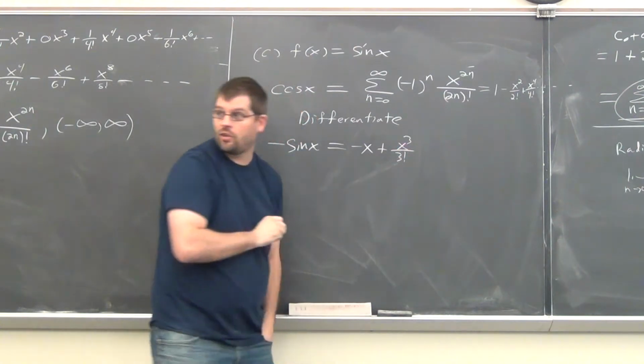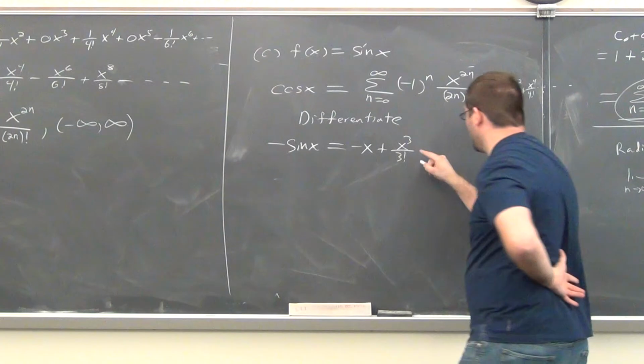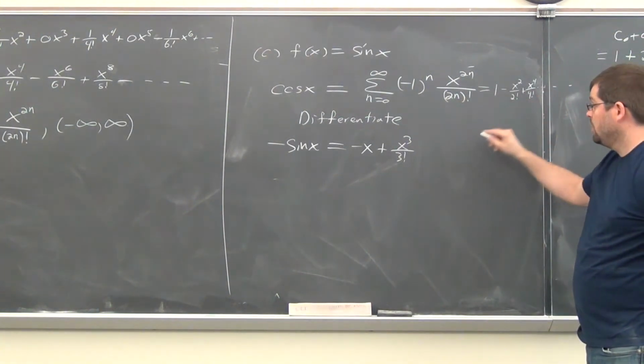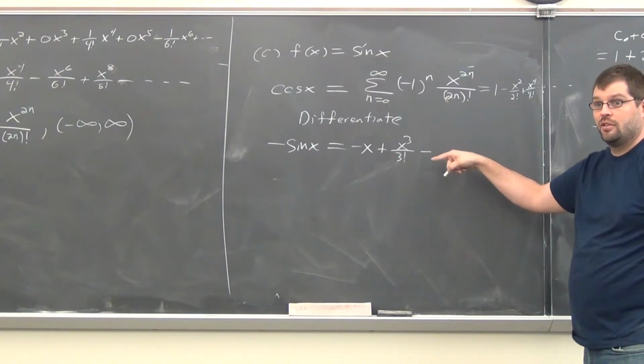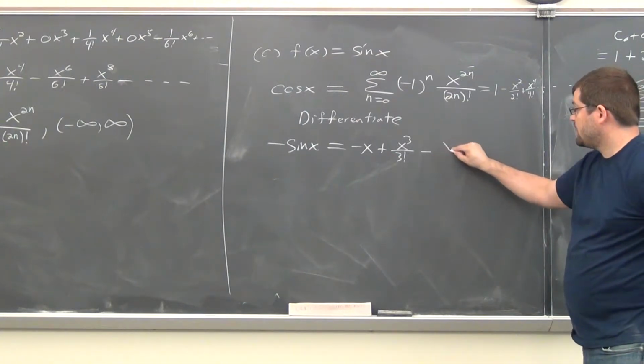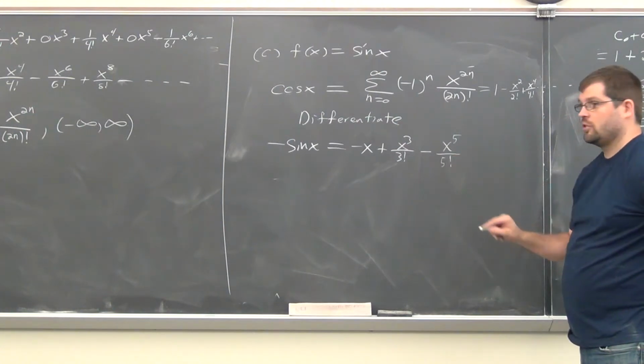Over 3 factorial, does that make sense? And then, I didn't write it up here, but the next one would be x to the 6th, right? The sign's going to alternate. The 6 will fall down. You'll get 6x to the 5th over 6 factorial, but it'll cancel and you get that.